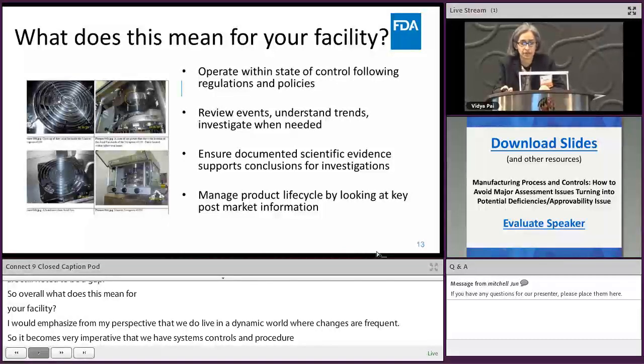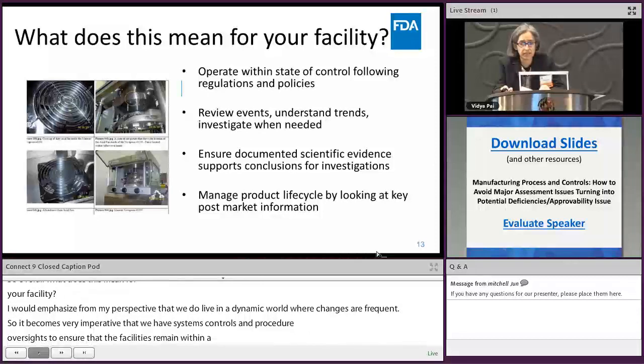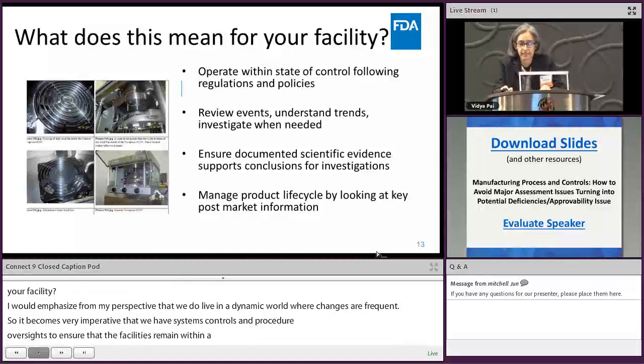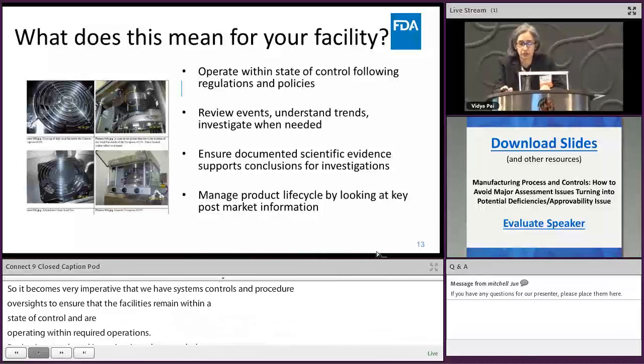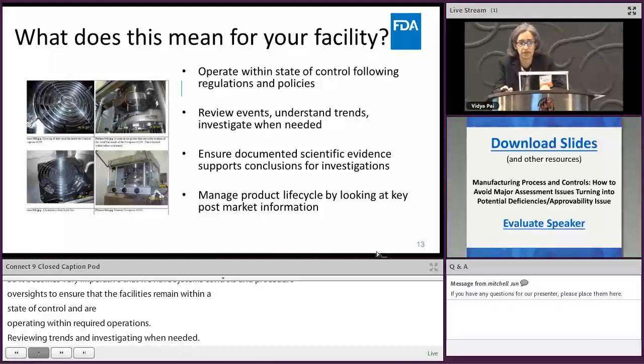We encourage you to review events, understand trends, and investigate when needed. As needed, conduct appropriate investigations, ensure they're documented, and that there's scientific evidence supporting your conclusions.